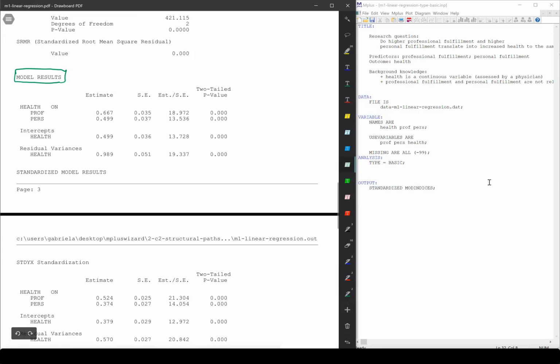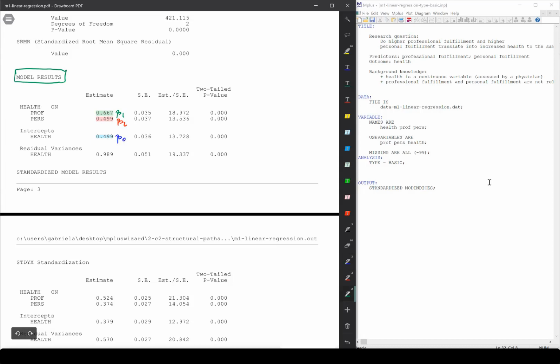Right, so we have these two regression coefficients here, and we also have the intercept. Let's see if we can identify what they should be. So let's first call these beta 1, beta 2, and then this would be beta 0.